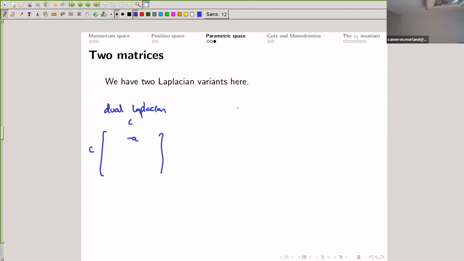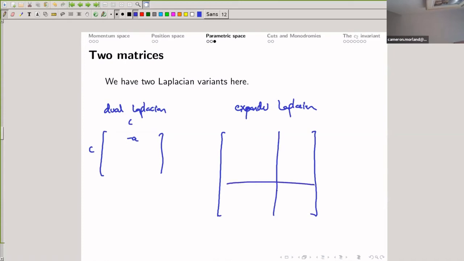The other one I want to talk about is what I like to call the expanded Laplacian. And now, if you are very comfortable with your Schur complementation, you'll see that this is actually exactly the same thing, well, you'll see quickly that the determinant is the same thing by Schur complementation.